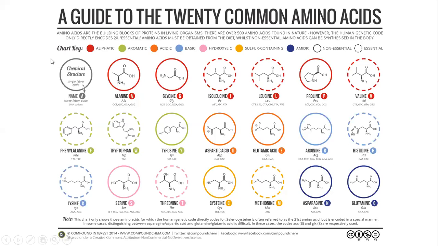I just want to emphasize here the chemical structure of amino acids. The chart represents different amino acids: the chemical structure, the letter code, and whether it is aliphatic or aromatic. You can see a specific color code for the amino acid, whether it is acidic or basic, and, one more important thing, whether it is hydrophilic or hydrophobic, or contains sulfur or amides, and whether it is non-essential or essential.